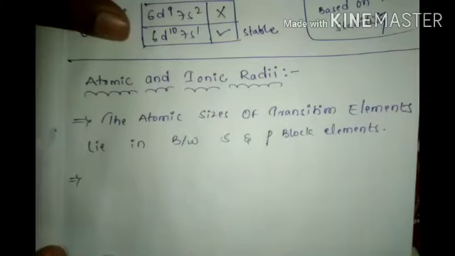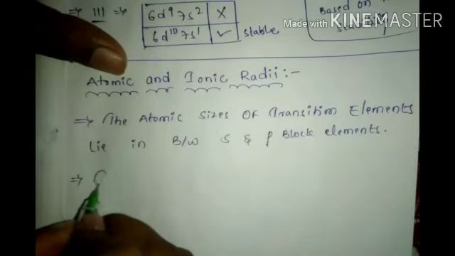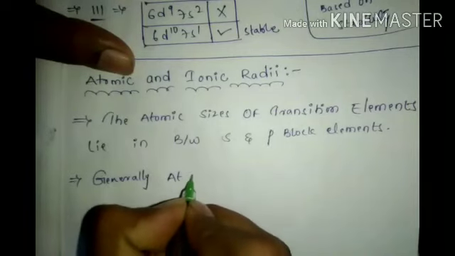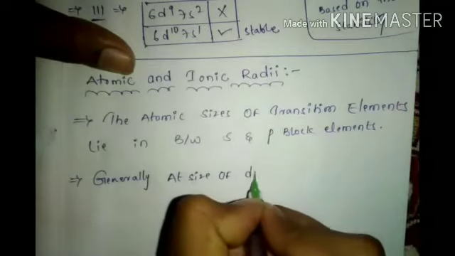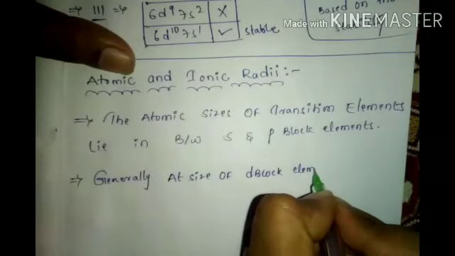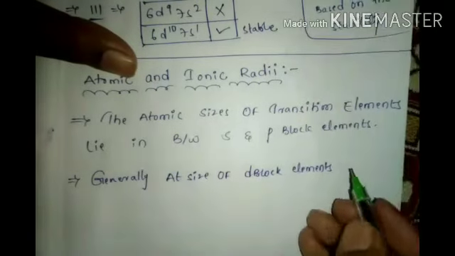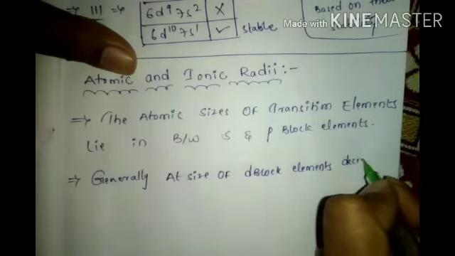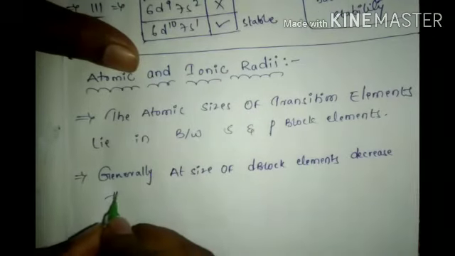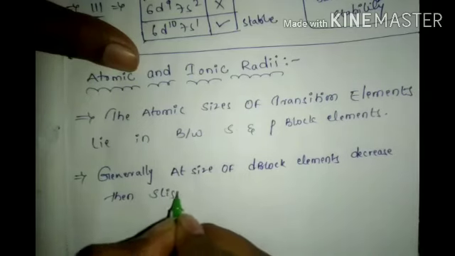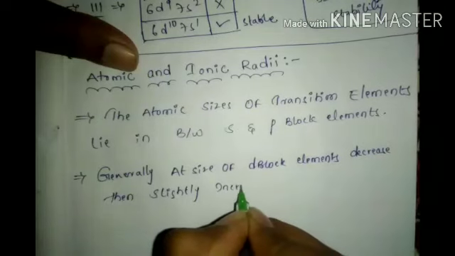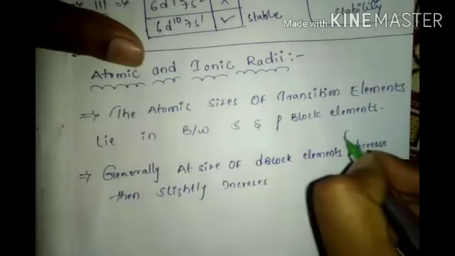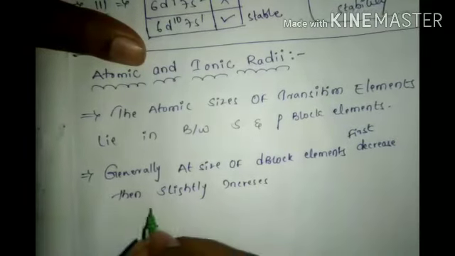Second point, generally the atomic size of d block elements first decreases, then slightly increases.